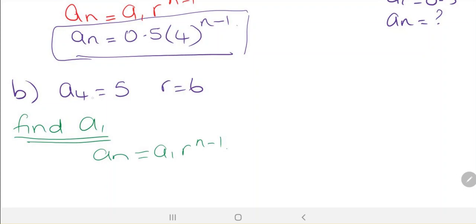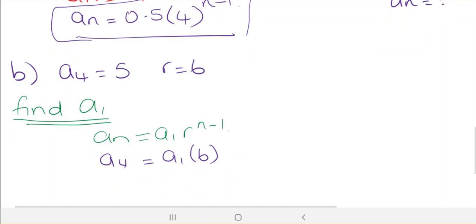We're given that a4 is 5, and the ratio is 6. This is going to be to the power of 4 minus 1 because there are 4 terms.